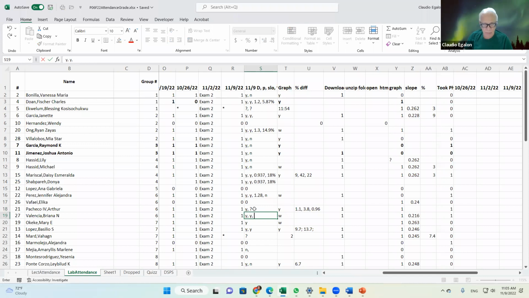Yes, okay. Which slope did you get? 0.12. Okay, what's the percentage difference that you're getting? Okay.